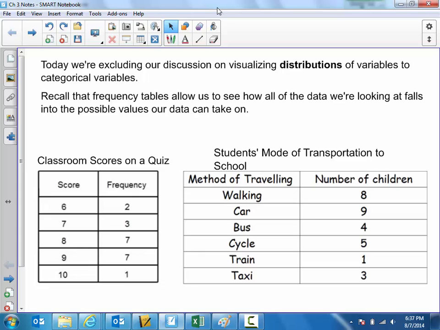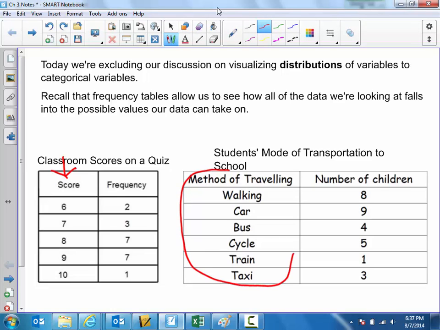All right, so we've got 2 frequency tables here. Our data is, well, for the first one, score is not truly a categorical variable over here. But that doesn't change the fact that a frequency table is still often used to display categorical data like we have here for method of traveling.